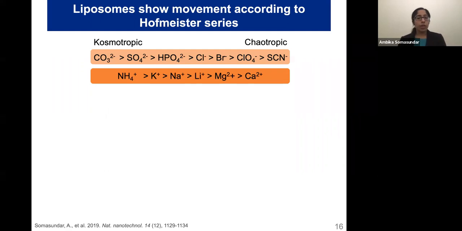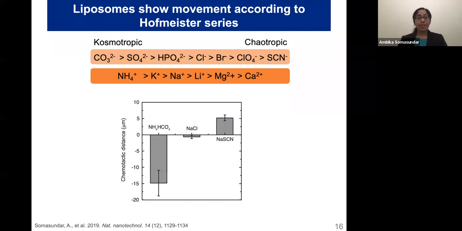In order to check whether the Hofmeister series is really causing the lipid vesicle movement, we picked a salt from the opposite end of the series to see whether we would get a reverse, positive chemotactic effect. And that is exactly what we saw.